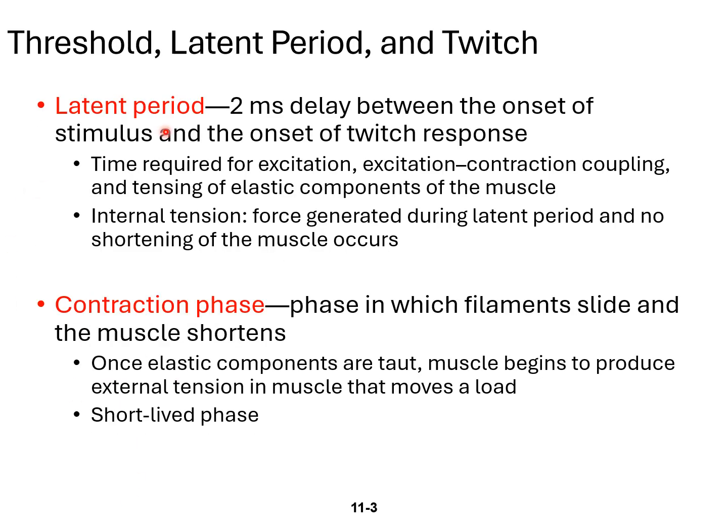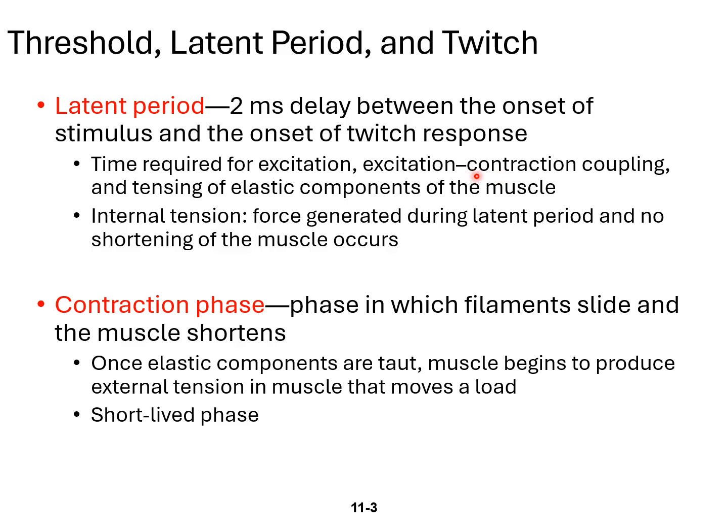Then you have a latent period. It's around 2 milliseconds for most muscle fibers, and that's a delay between the onset of the stimulus and the onset of the twitch response. This is the time required for excitation-contraction coupling and tensing of the elastic components of the muscle.